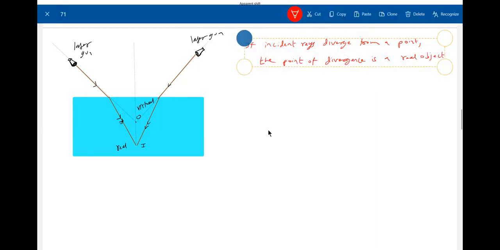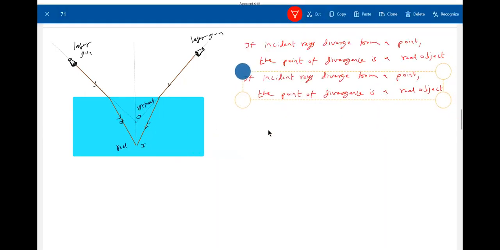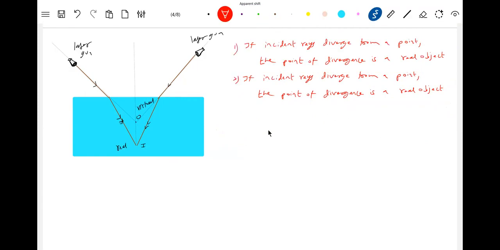Then if the incident rays appear to converge at a point, the point of convergence is a virtual object.